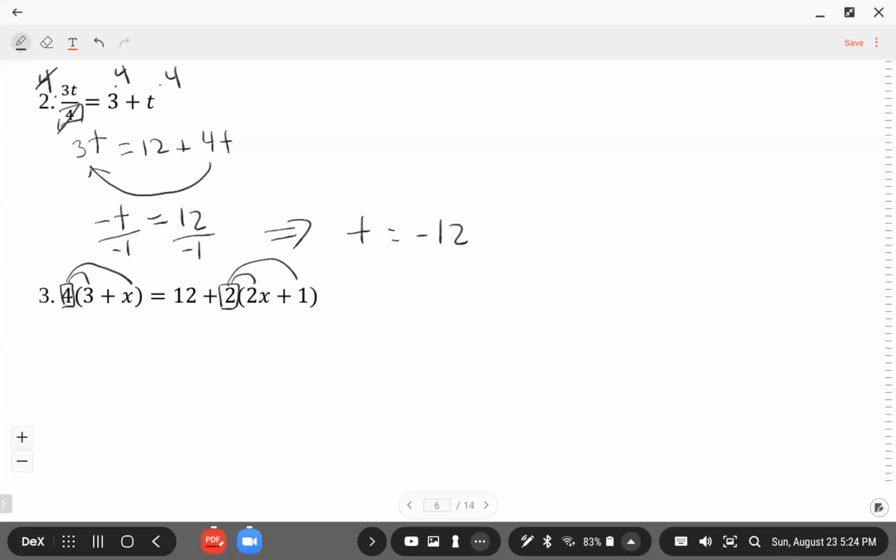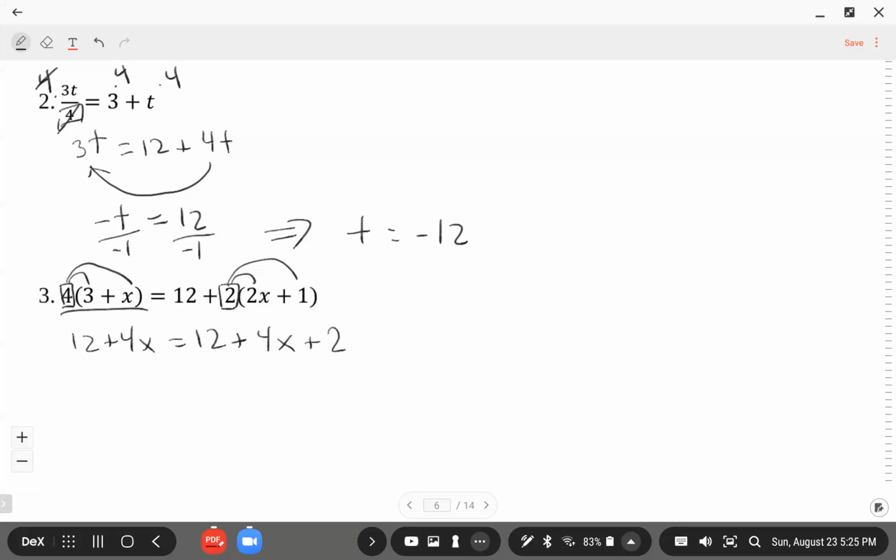So remember this distributive property. We have to multiply both 3 and x by 4, right? Right here. So 4 times 3, 12. 4 times x, or 4x, equals 12 plus and another set of parentheses, okay? So let's just multiply 2x by 2, which is 4x, and then 2 by 1.